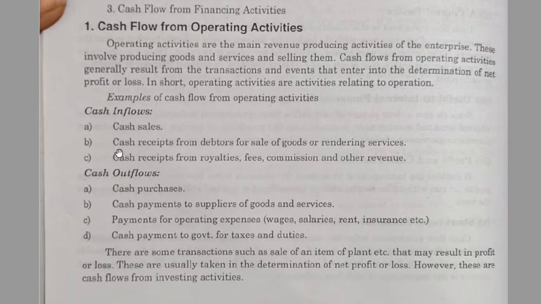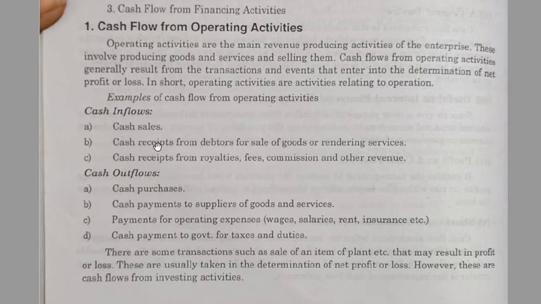For operating activity transactions, there are two kinds, cash inflows and cash outflows. When the cash comes into the business, it is known as cash inflow. When the cash moves out of the business, it is known as cash outflow. So what are the examples of cash flow from operating activities, the cash inflows?